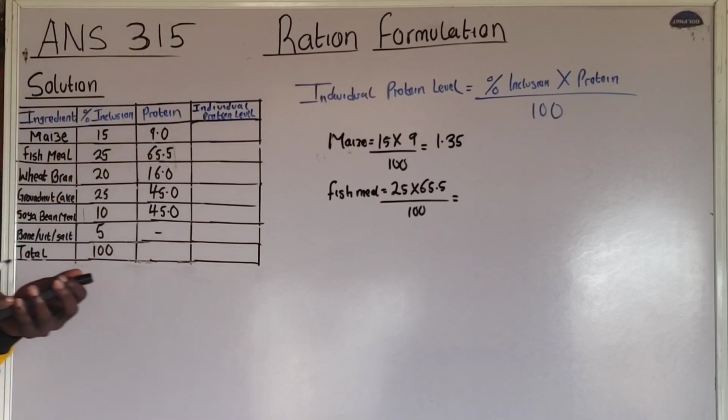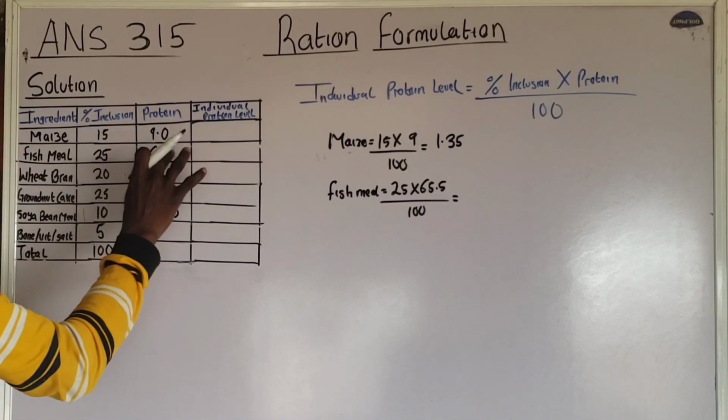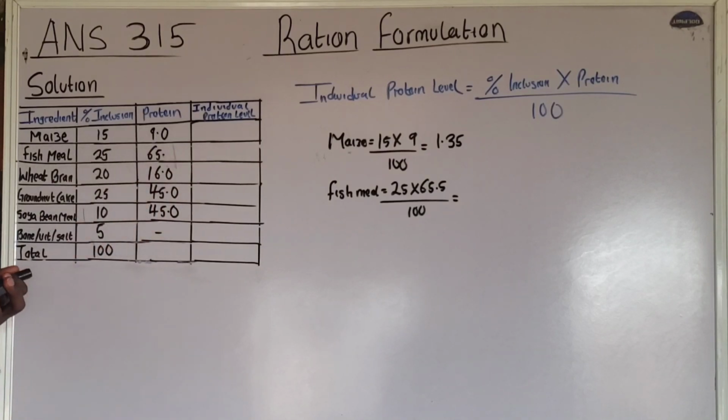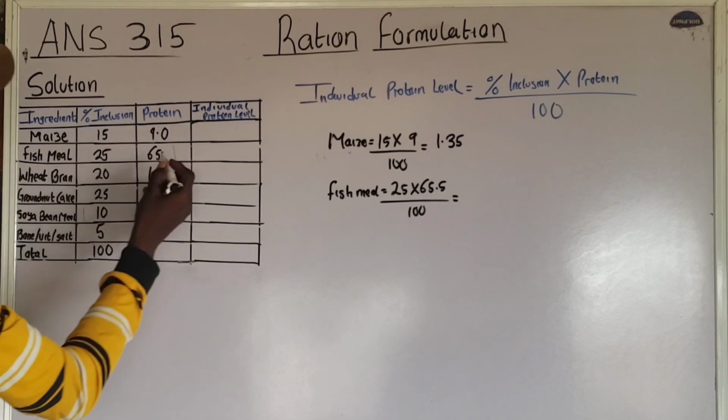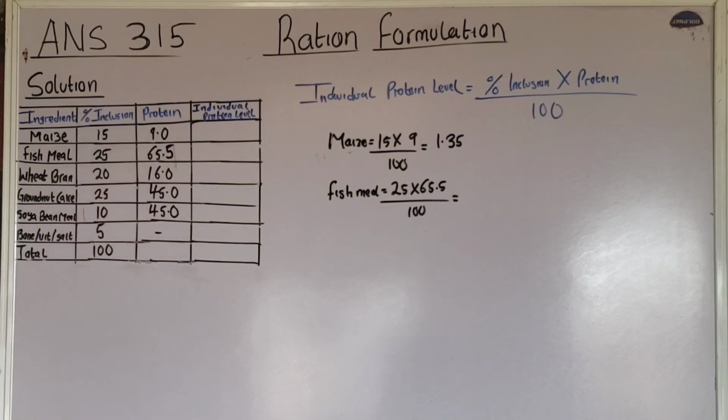Okay, please, I want to check something. Oh, this is not 65.5. It should be 65, okay? Please, I want to make sure that we are solving the right question so that we will not have a wrong answer. You understand? So that's why I'm being cautious. Okay, it is 65.5, sorry. I want to make sure that we solve the right question so that we will not have a wrong answer, okay?